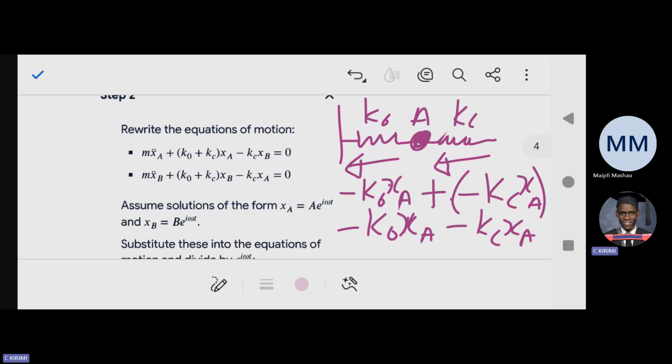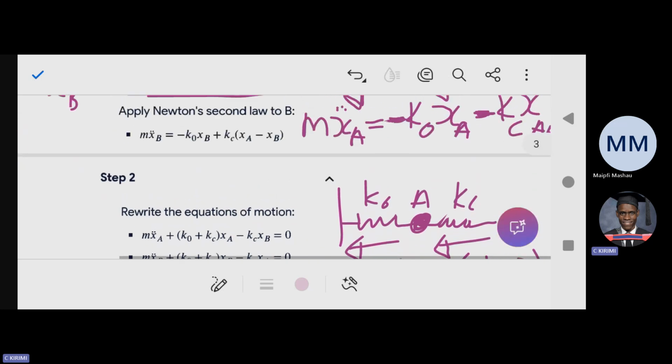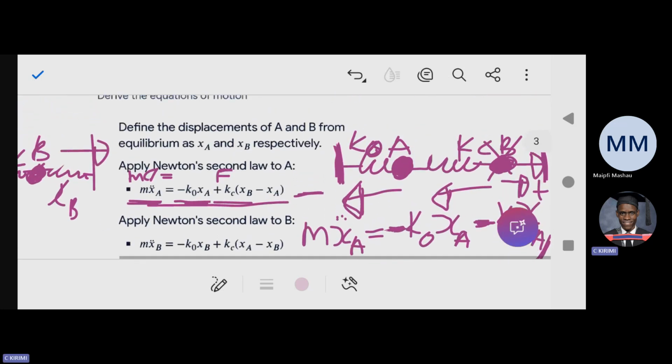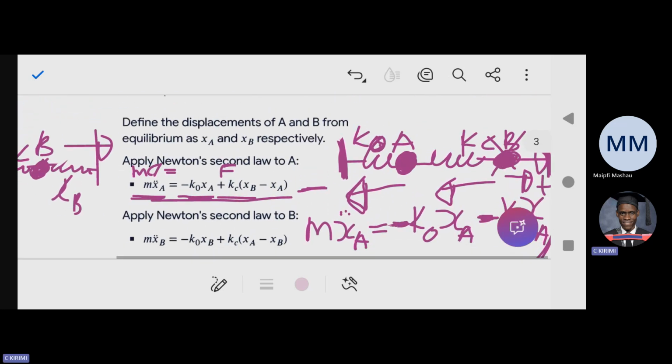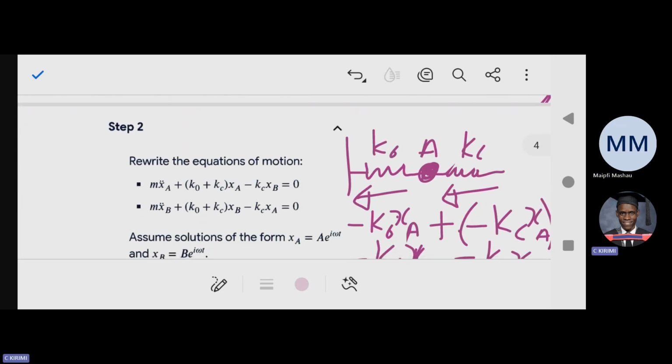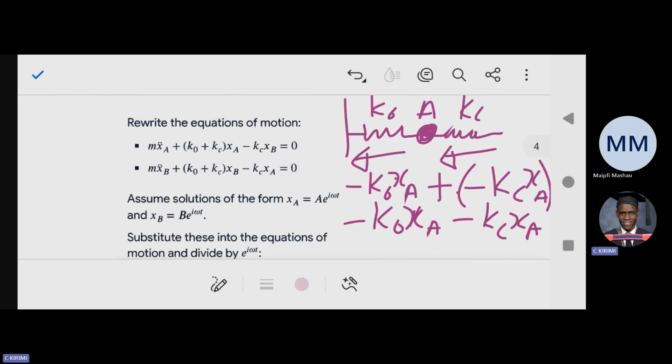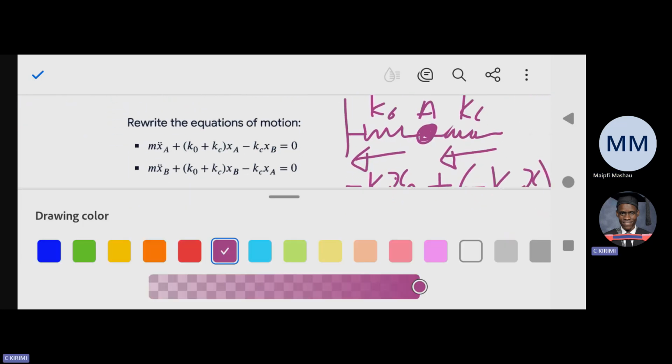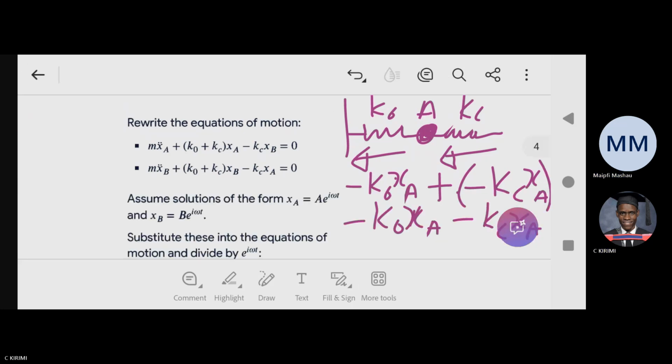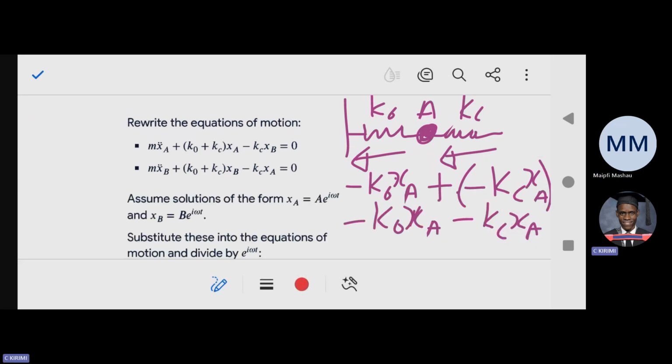Then now we put the mass B. The mass B, remember, it's there, isn't it? So now when we add this B here, we are now adding B. B is now attached to the right.